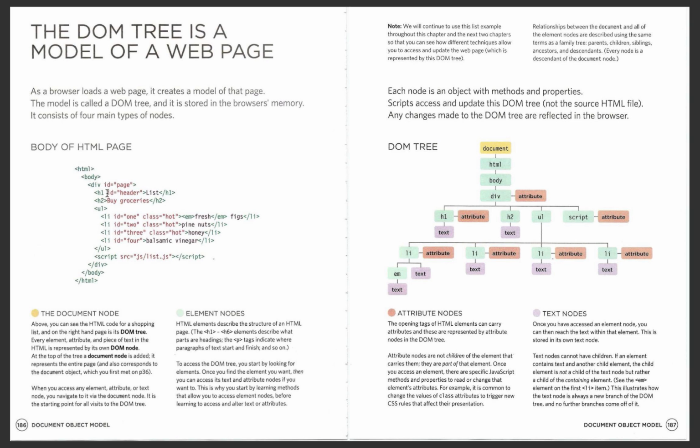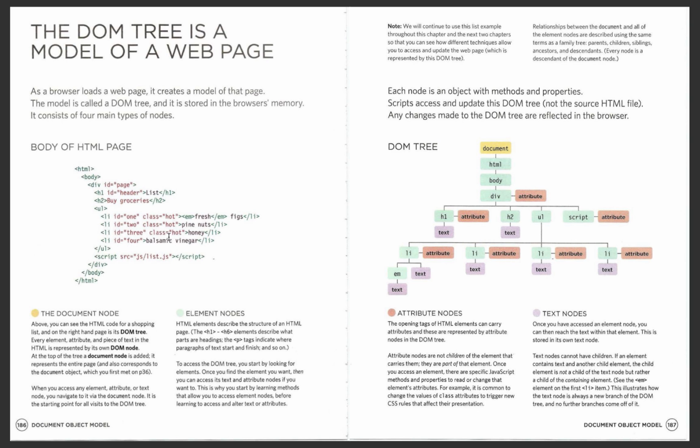Inside of page, we have an H1, which is list, and an H2. You see that the H1 has an ID on it as well of header. And then we get to a UL, which is an unordered list. Inside of the UL, we have 4 LI, or list items, and each of them has an ID of 1, 2, 3, 4.